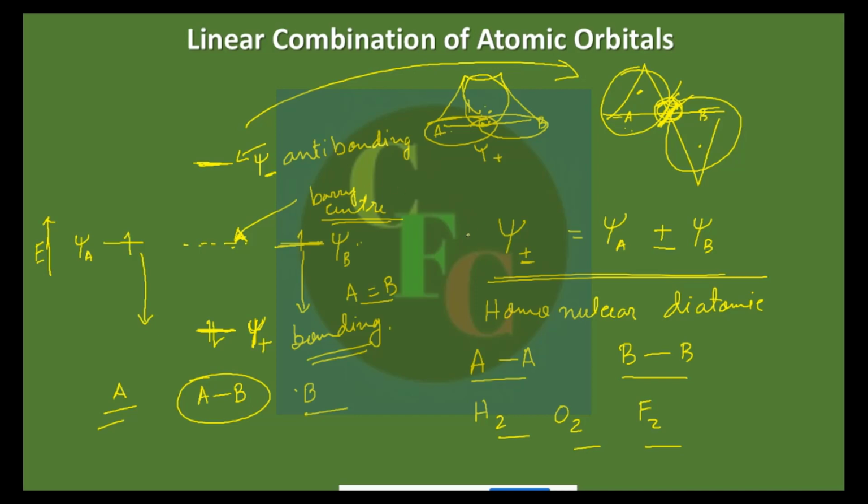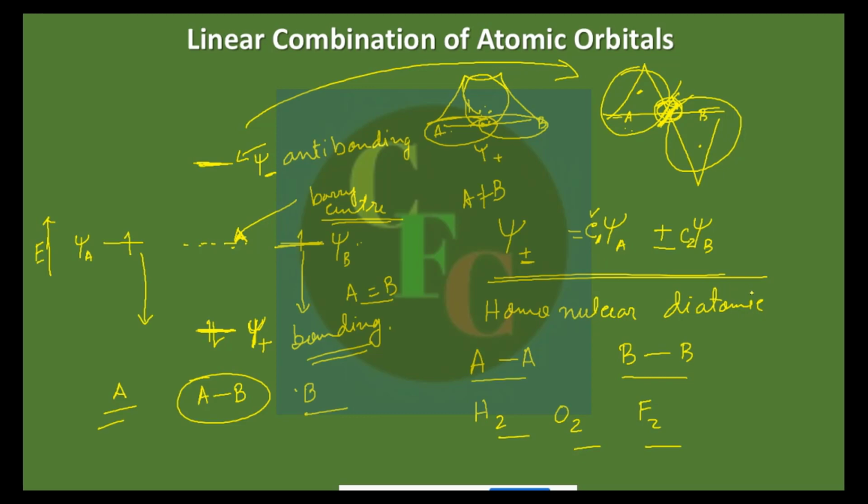If it is not, you can do it when A is not equal to B, right? You just have to put some constants here. What are these constants? These are weightage factors. We'll see it when we discuss heterodiatomic molecules.